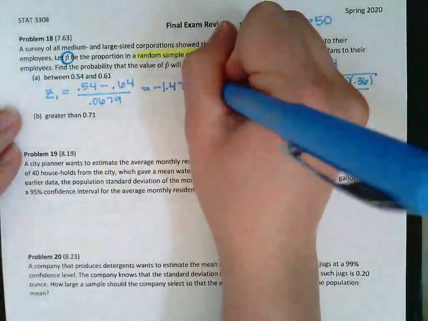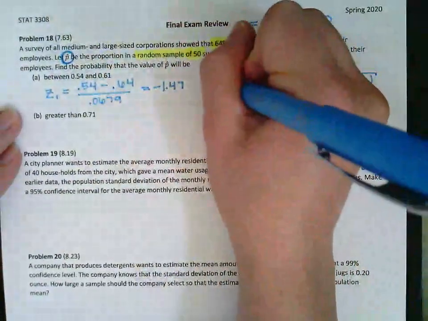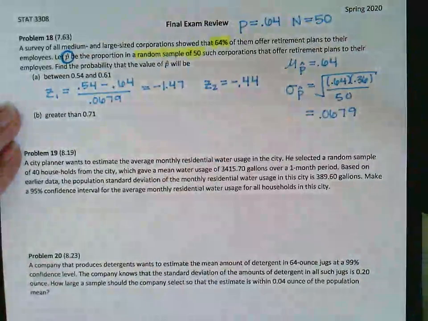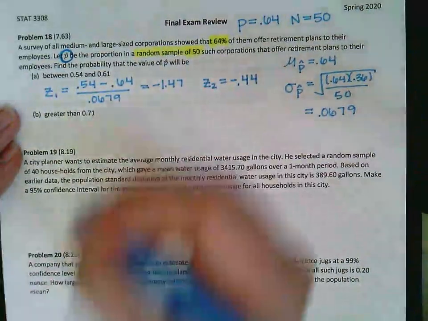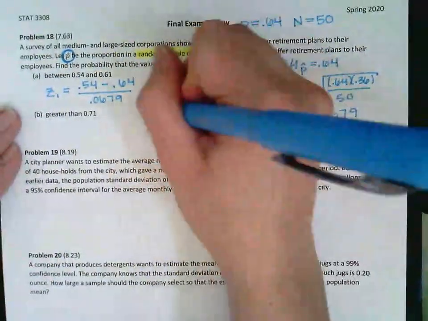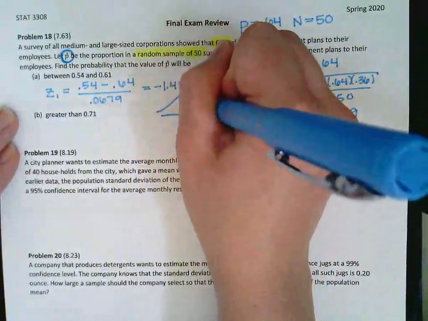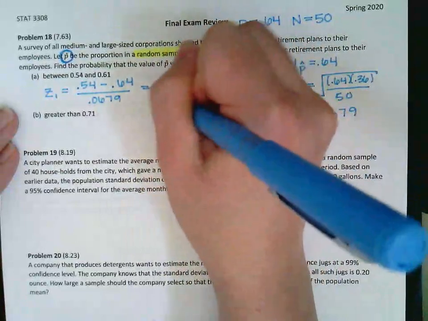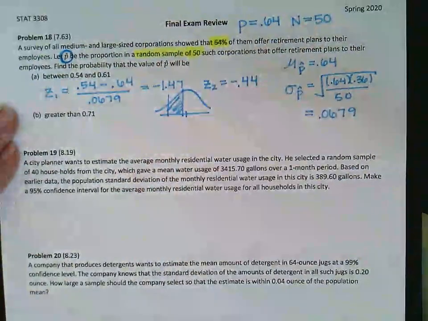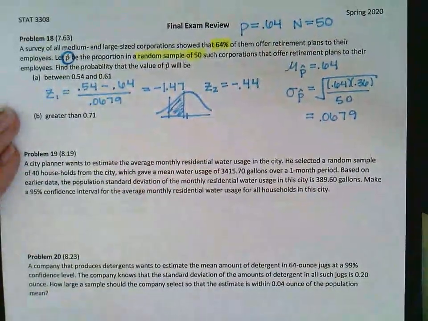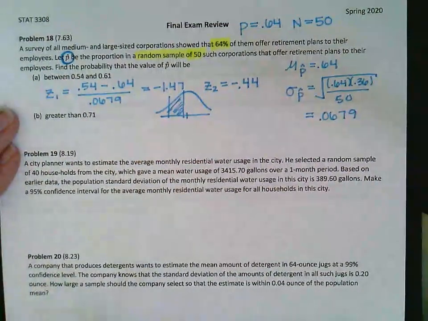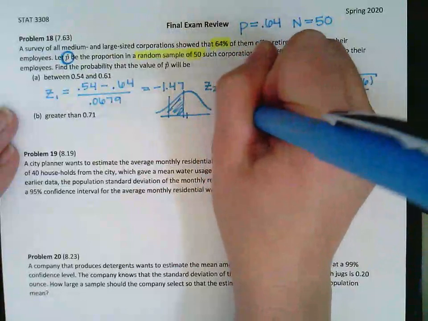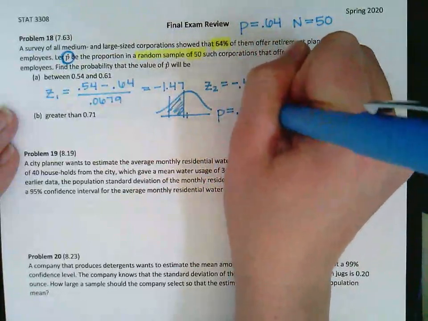If I do the exact same thing for 61%, that is also below the mean and gives us a z-score of negative 0.44, which means the distribution slice I'm looking at is down here completely. I go into my calculator or normal distribution chart, and I find that the probability is 0.2590.